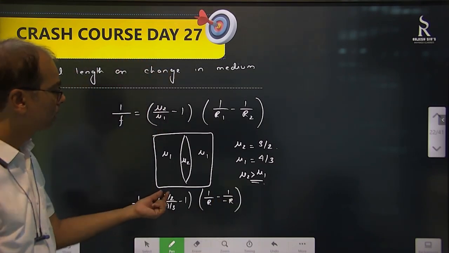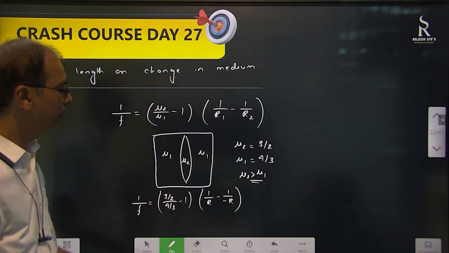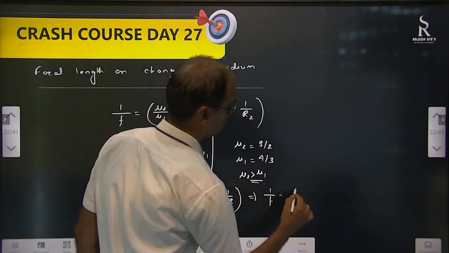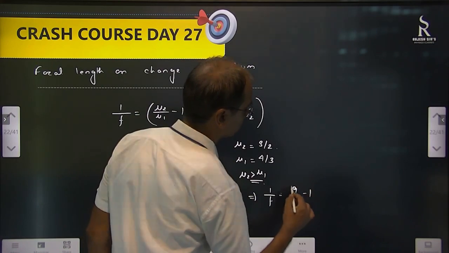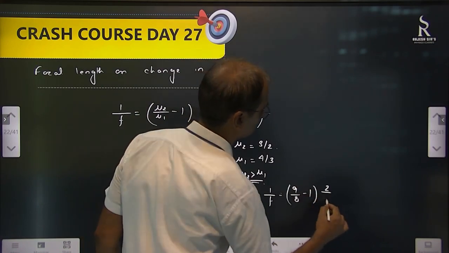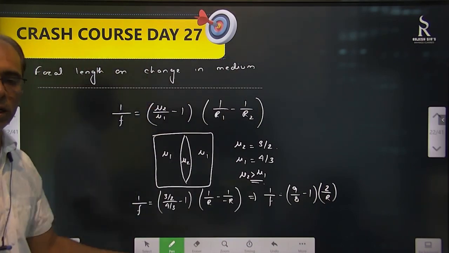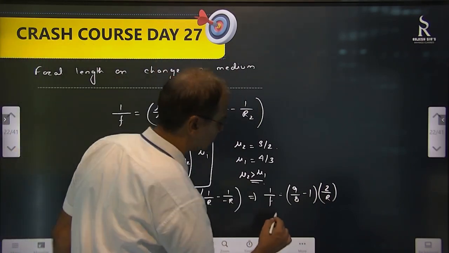What we are getting? 3 by 2 by 4 by 3, that is 9 by 8. So 1 by f equal to 9 by 8 minus 1 into 2 by r. So focal length is coming positive. It will remain convex.